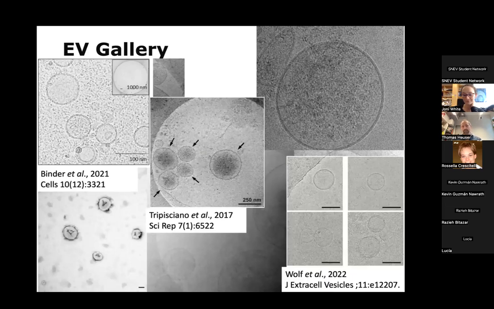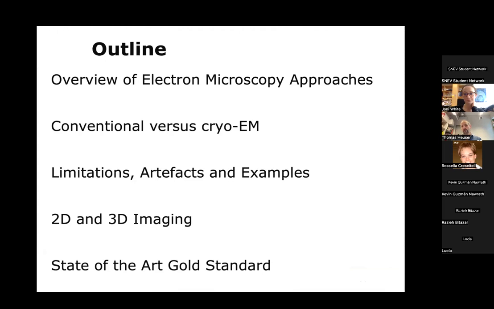After this short overview, what I'm really hoping you will take home with you after this talk is the full picture: which methods are out there, which methods you can use to visualize EVs. I will especially go into the differences between conventional techniques and cryo-EM.